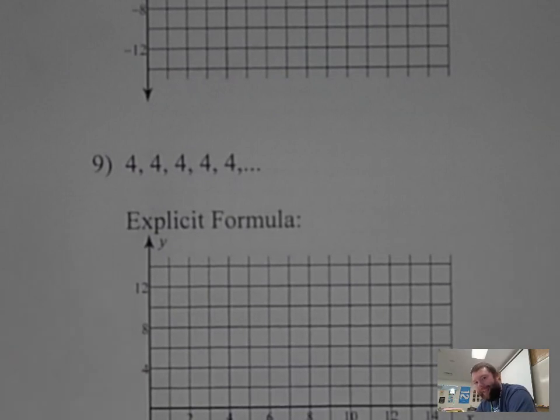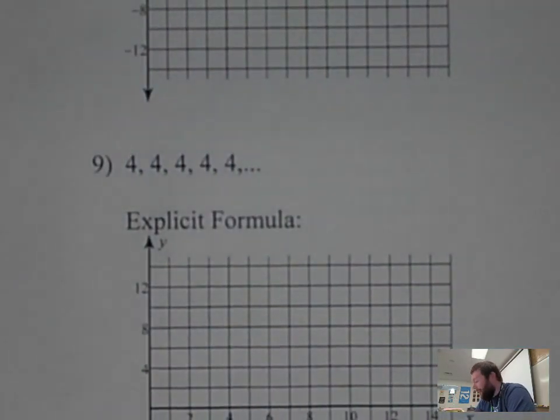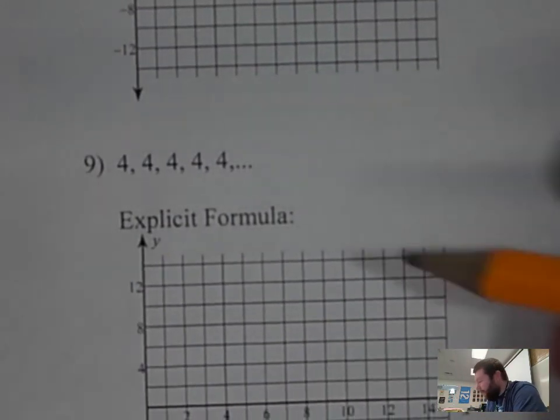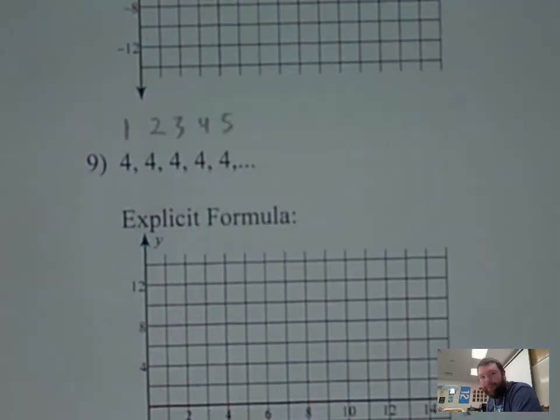So technically, you could call it either geometric or arithmetic, but if I graphed it, it's obviously going to be arithmetic because it's going to present a straight line. Again, I'll just graph it right now before I do the formula so you can see. This would be 1, 2, 3, 4, 5, right?